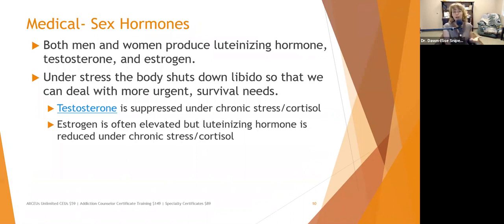We do want to be aware of age-induced hormone imbalances as well. Under stress, estrogen is often elevated, but luteinizing hormone is reduced. When these three hormones are not in the right formula, people are going to experience mood symptoms.